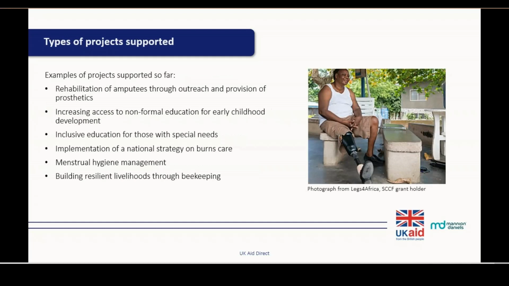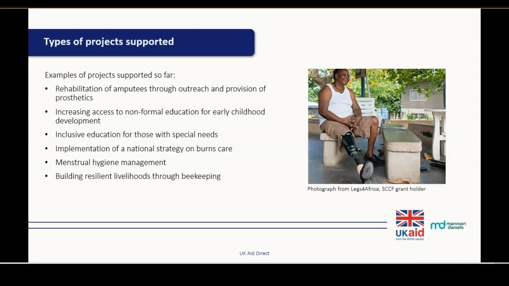So we're often asked to demonstrate the types of projects that we do support. On this slide, there are some examples, but you can also go onto our website for further details of the projects. And actually all the SCCF grant holders who have signed their contract and their projects are active should be listed on our website, so that you can get a feel for the types of projects that are currently being supported.